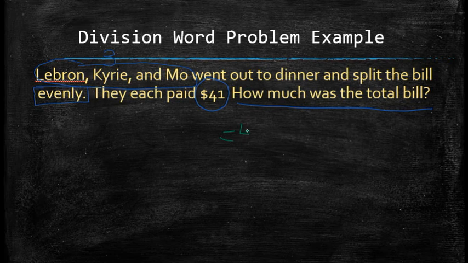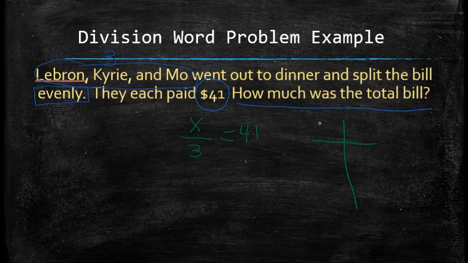So that will be what it is equal to. Now, we don't know how much the bill is, but we know it was split by 3 people. So we know that the 3 is the denominator there, and the numerator would then, of course, be our variable. So x divided by 3 equals 41, and that is our division word problem.